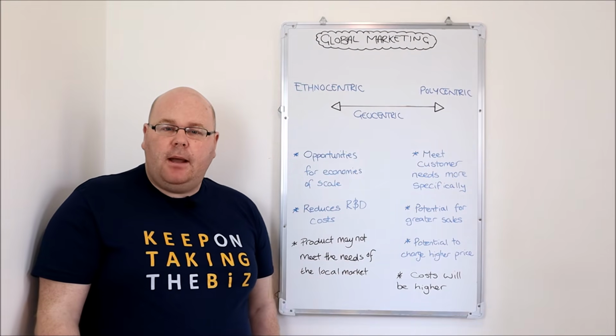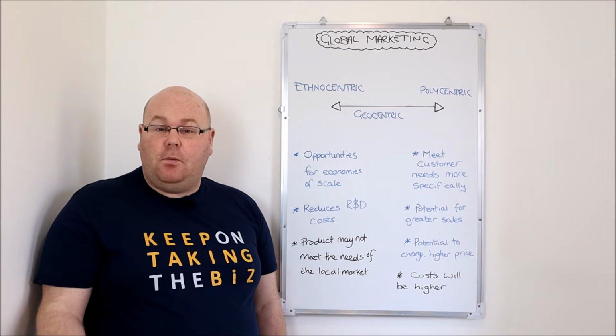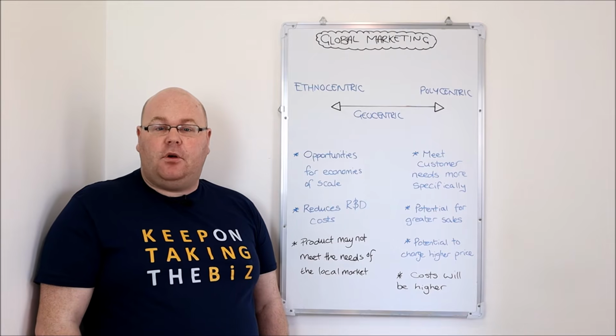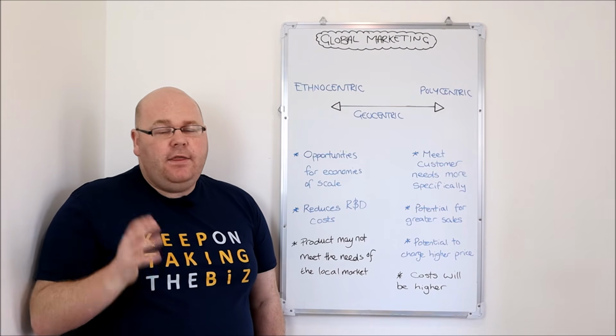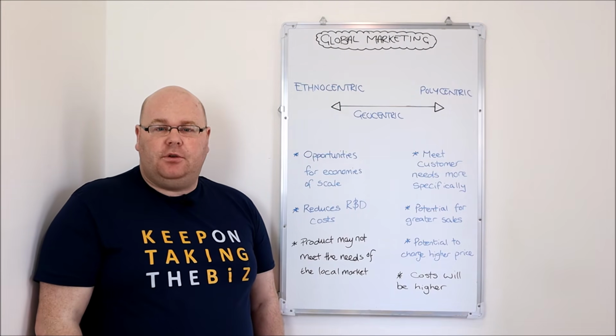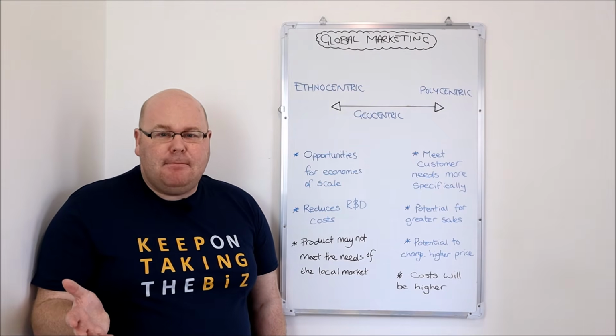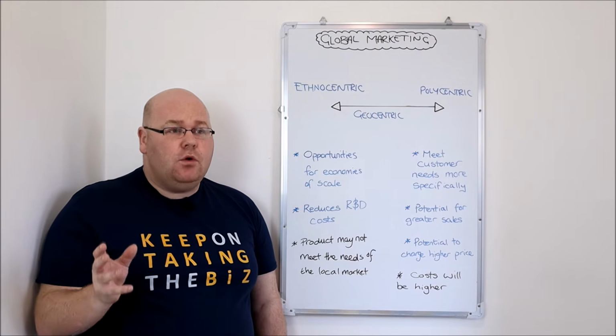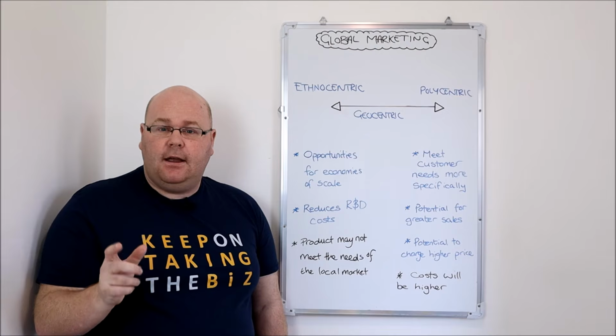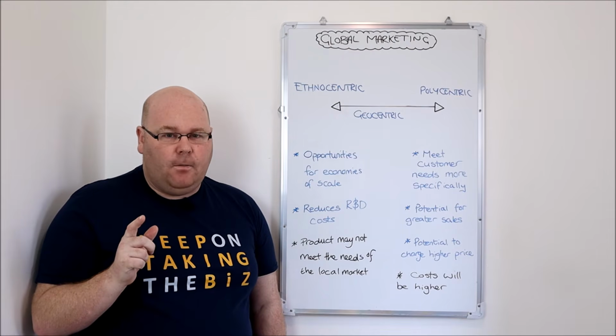So in particular, it might be useful to know the potential benefits of these different approaches to global marketing. With the ethnocentric approach to global marketing, perhaps the major benefit is the huge potential it offers for economies of scale.